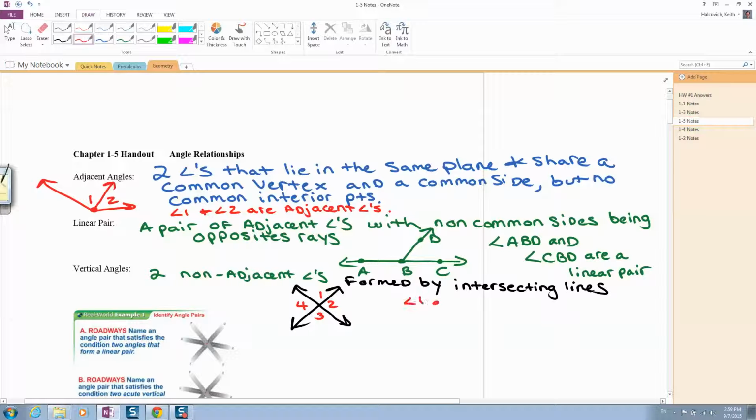Well, angle 1 and angle 3, those are non-adjacent, so they're vertical. And same with angle 2 and angle 4. They are vertical angles. So another word for vertical sometimes people use is opposite angles. Opposite.